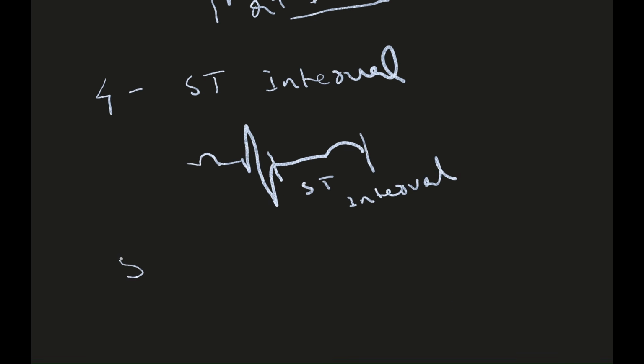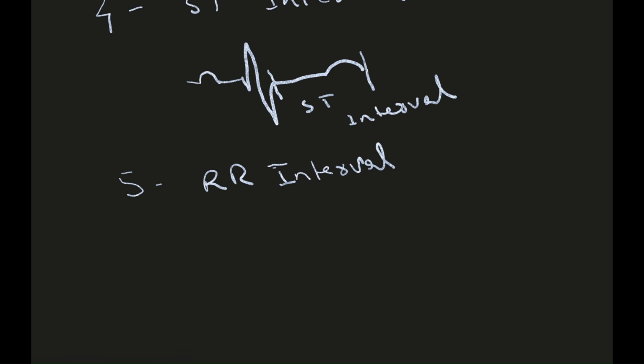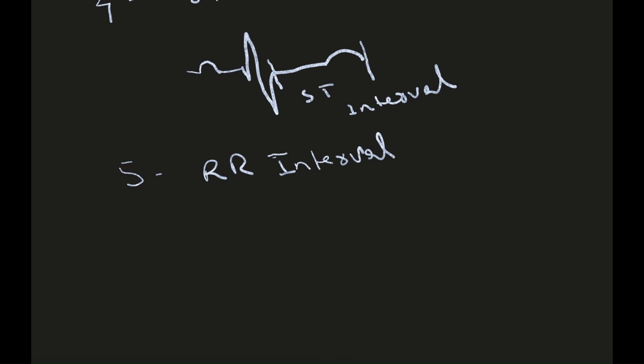Now, the fifth one, which is also very important, is the RR interval. We do certain types of calculations from the RR interval. Later on in this lecture, you will see we'll be calculating certain things from it. Let me show it to you by making a rough ECG pattern.